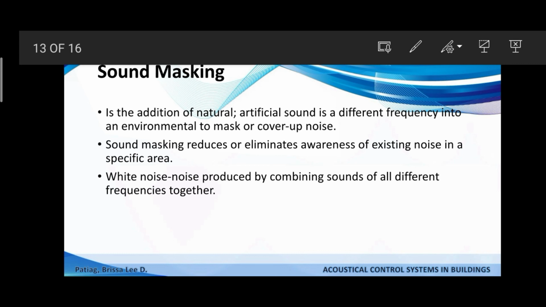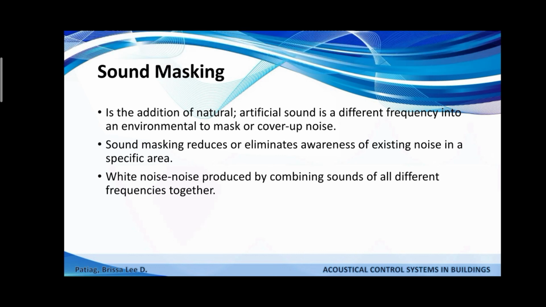An effective method of sound masking is to introduce background sound within the room. White noise, so ano ba yon? Is a type of background noise that is produced by combining sounds of all different frequencies together into an intangible sound that may be introduced into the space.